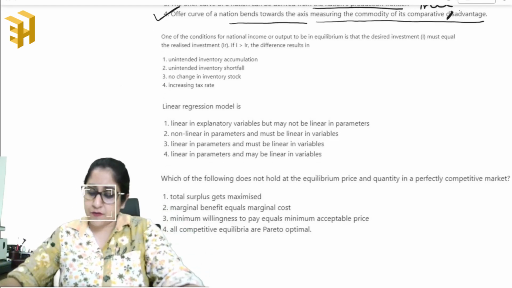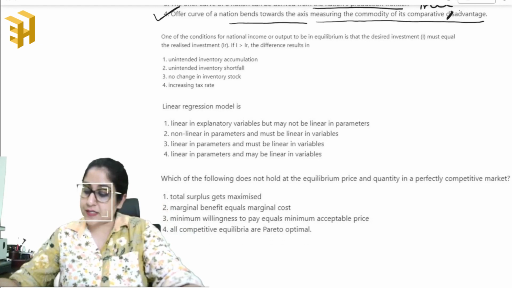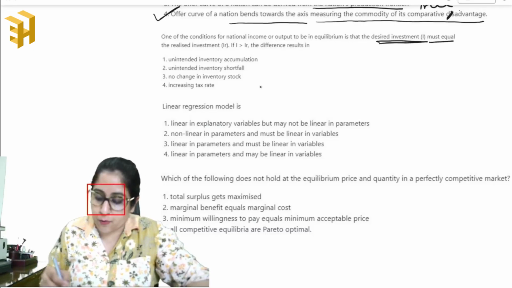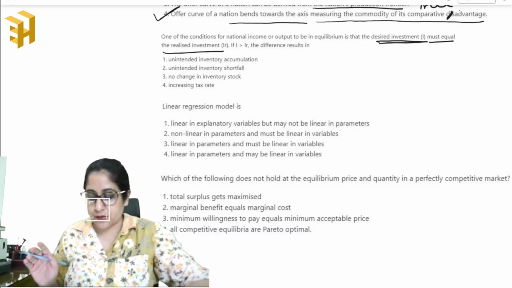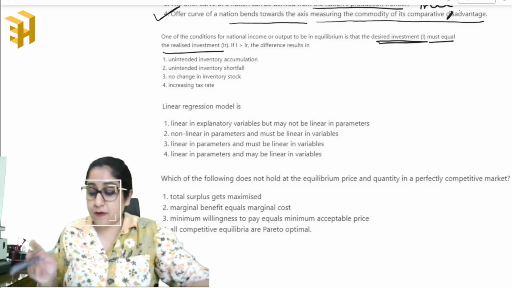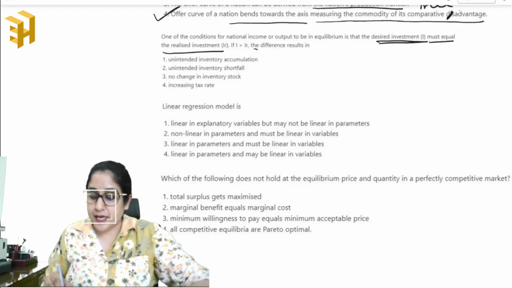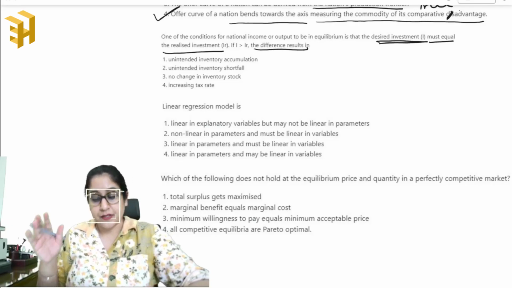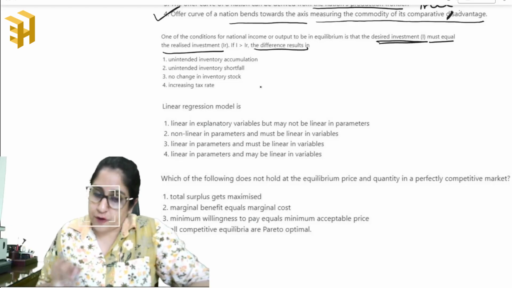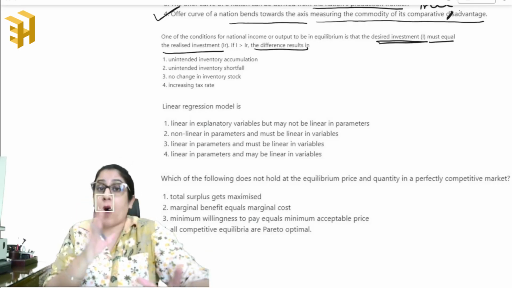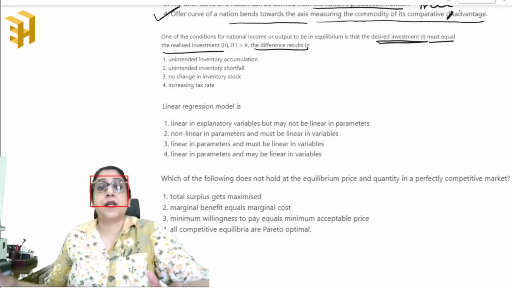Next, one of the conditions for national income or output to be in equilibrium is that the desired investment must equal the realized investment. If the desired investment is greater than the realized investment, then the difference results in a shortfall. Because the amount of investment that you require is more and the actual level of investment is less.